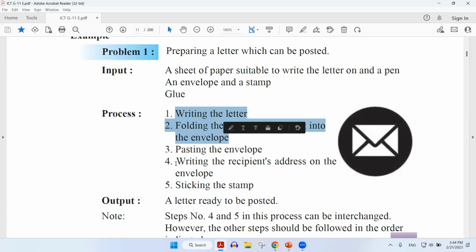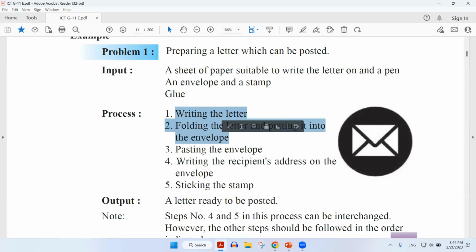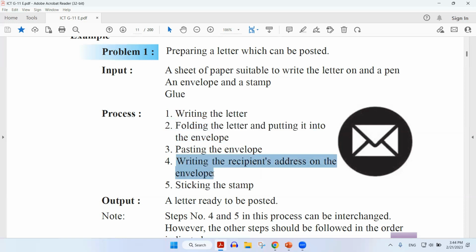But you can write the recipient address on the envelope first, then stick the stamps, then write the letter, fold it and put it into the envelope, and then paste the envelope. Or else you can do these two, then turn the envelope, write the recipient address and stick the stamps, and finally paste the envelope.